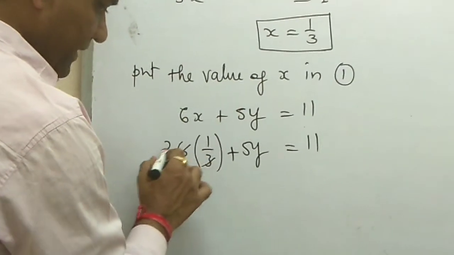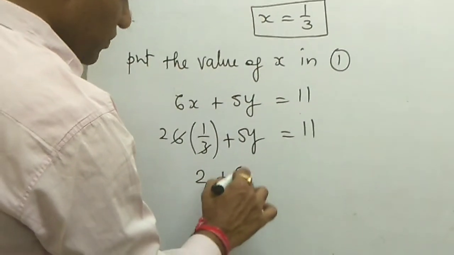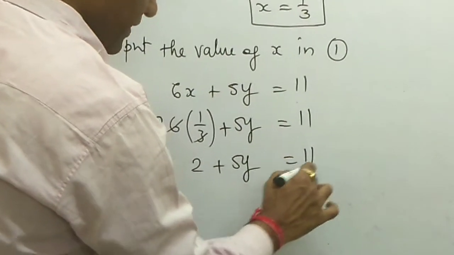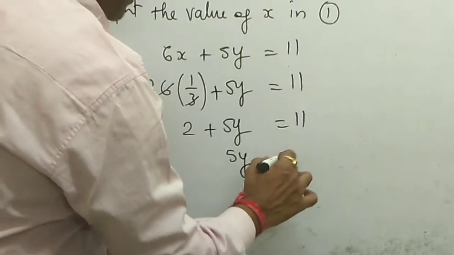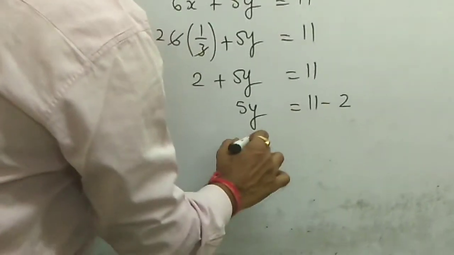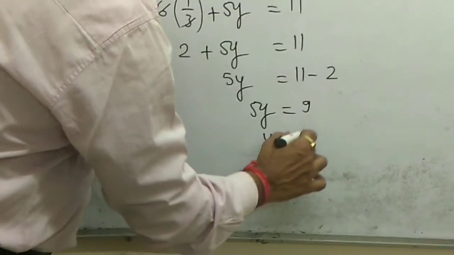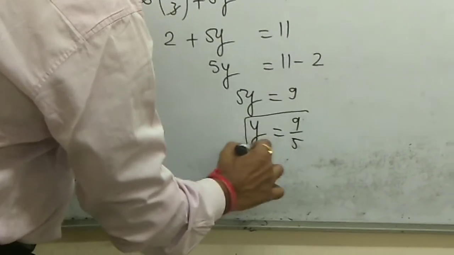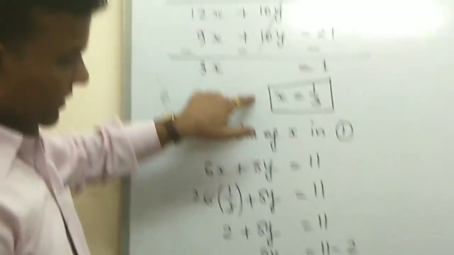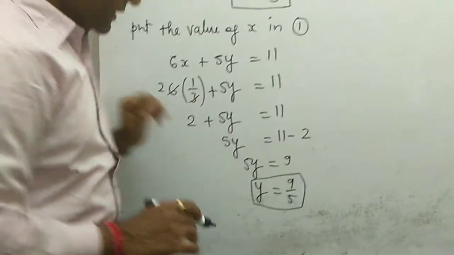Now 3 2s are 6, so we have 2 plus 5y equal to 11, and then 5y equal to 11 minus 2. So 5y equal to 9 and y equal to 9 by 5. Okay, so you got the value of x is 1 by 3 and the value of y is 9 by 5.